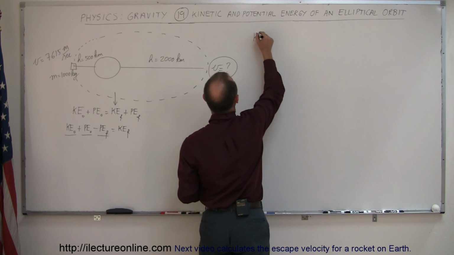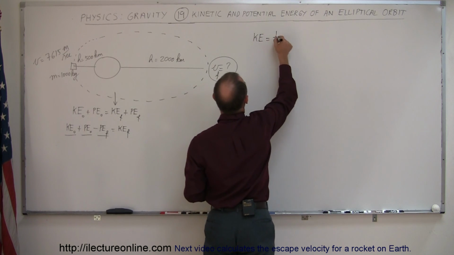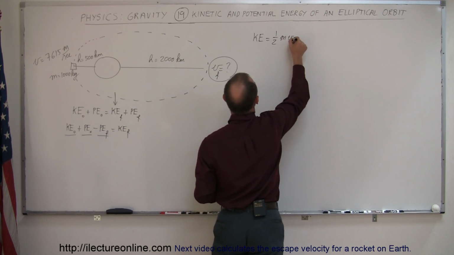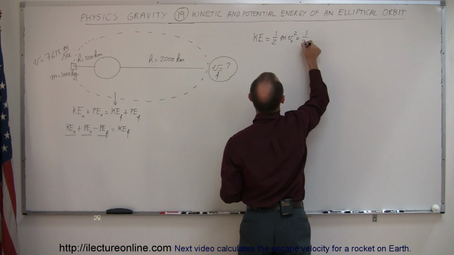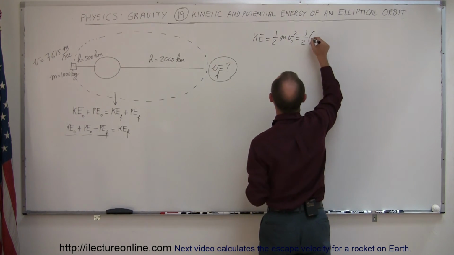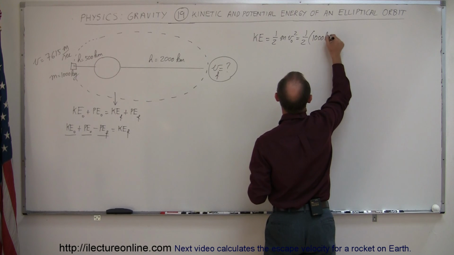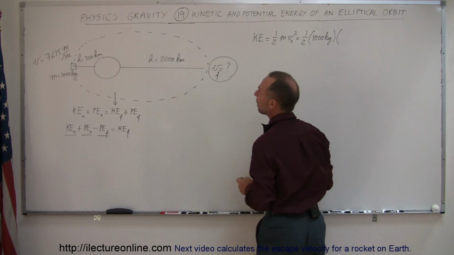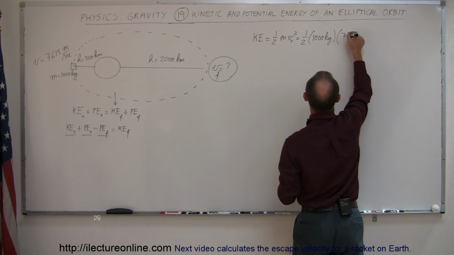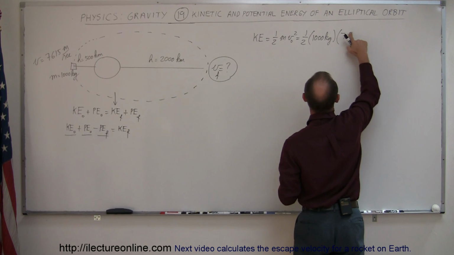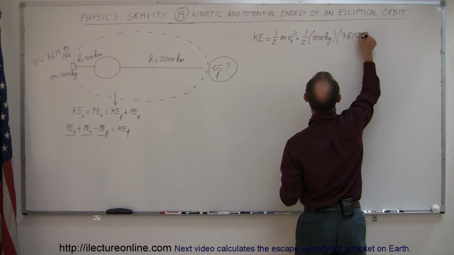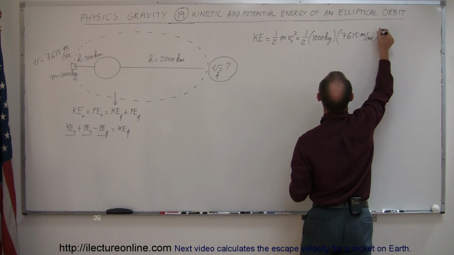Kinetic energy initial is equal to 1/2 mv initial squared. So it would be 1/2 times the mass. The mass would be 1,000 kilograms. And the velocity was given to be 7,615 meters per second, and we have to square that.